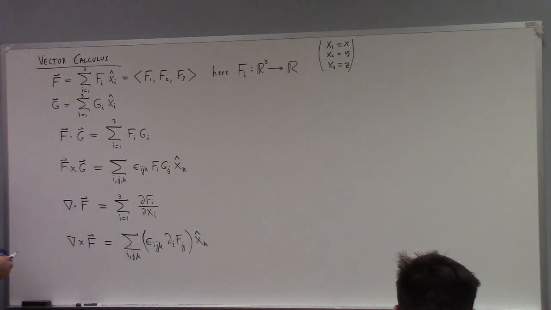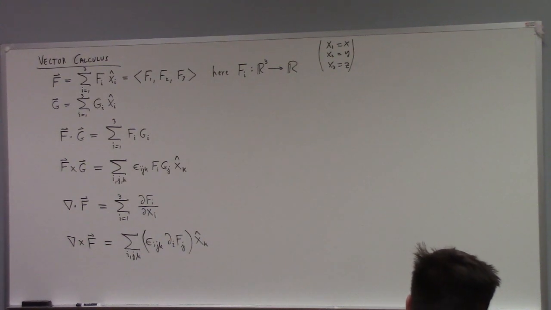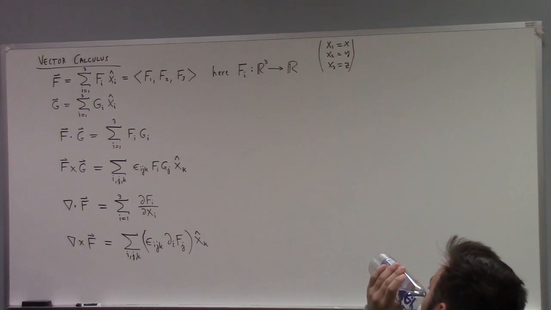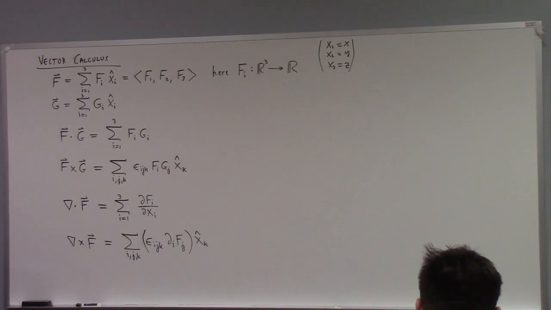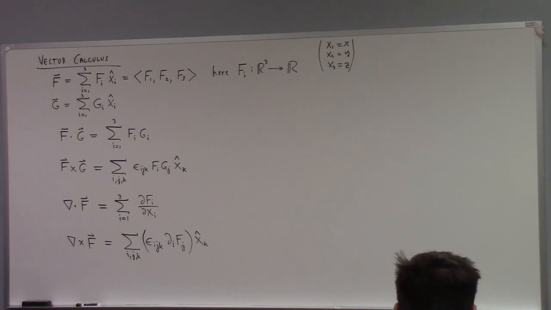That's just a fancy way of writing those 6 partial derivatives, suitably antisymmetrized, put in the appropriate components, 1, 2, and 3. The first component of the curl involves the derivative of the second and third components with respect to the third and second variables, and so forth.